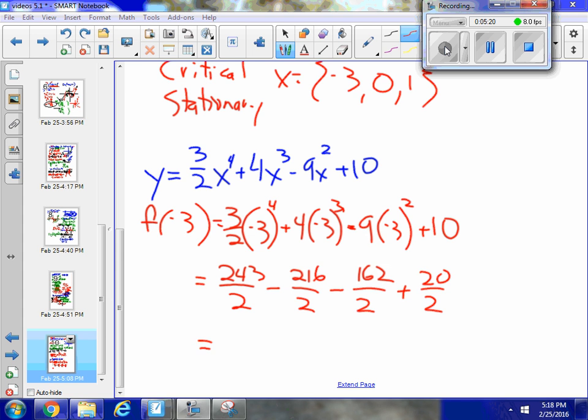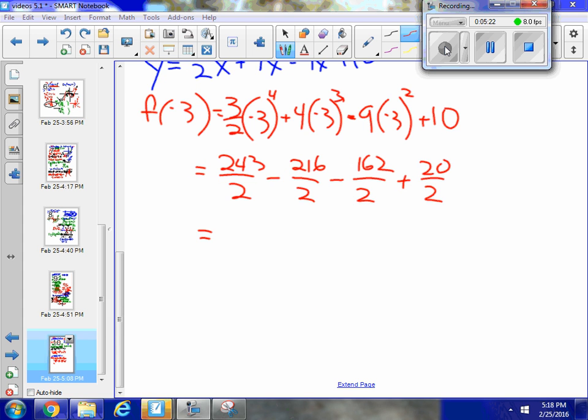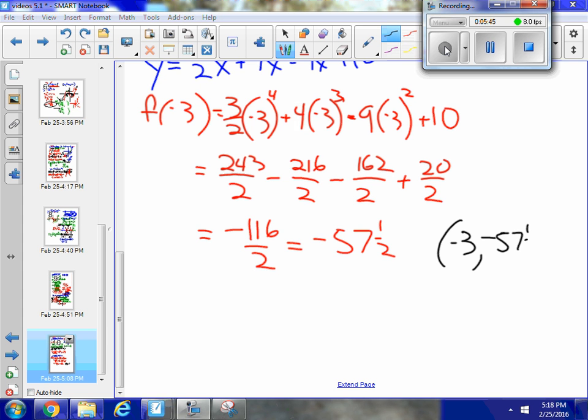When I worked out all the arithmetic, it's a little bit tedious, it comes out to negative 116 halves, which is negative 57 and 1/2. So one of my points is negative 3, comma, negative 57 and 1/2.